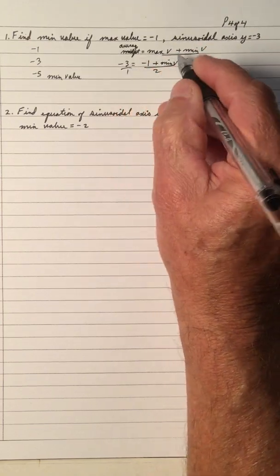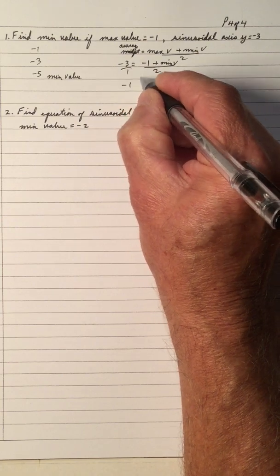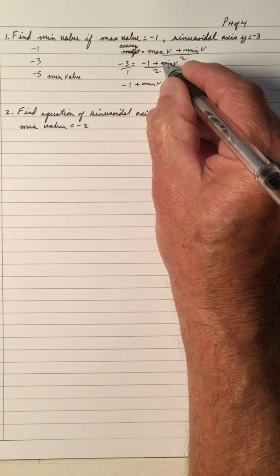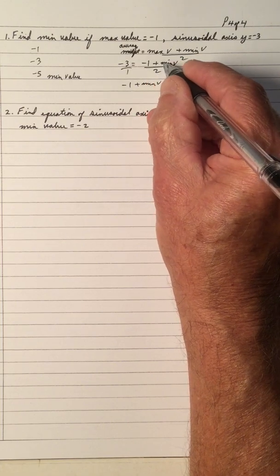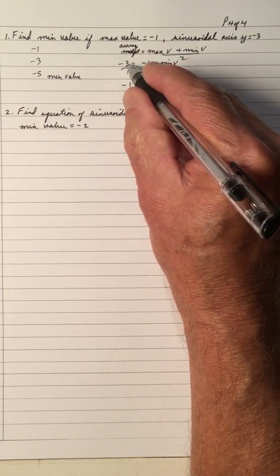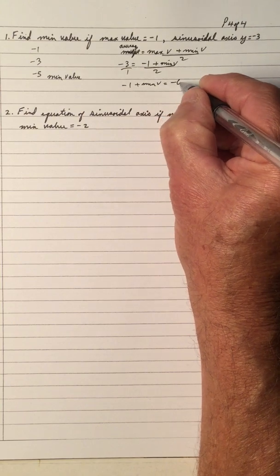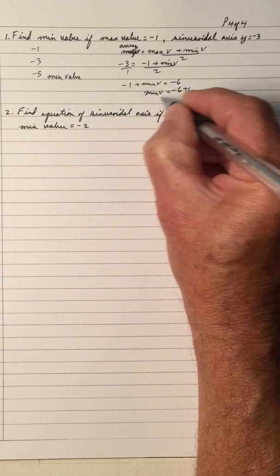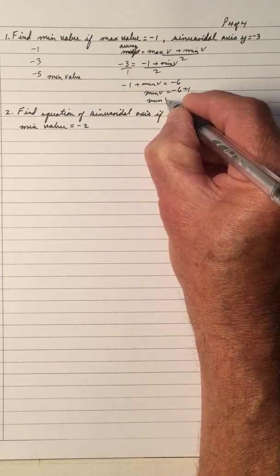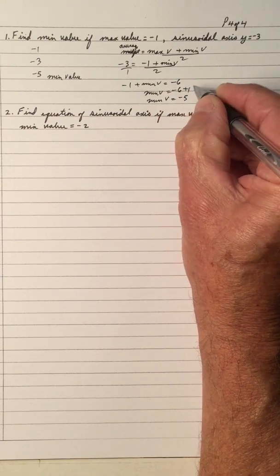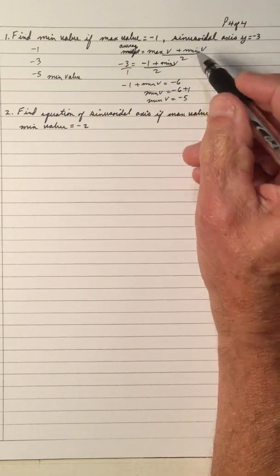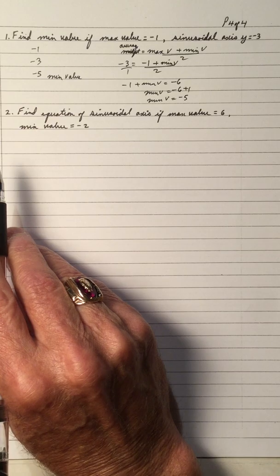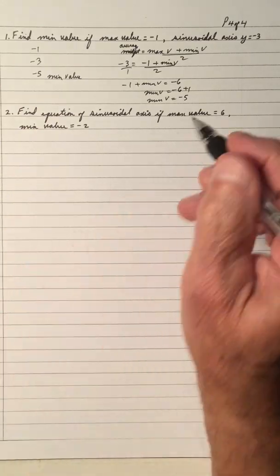So put it over 1, cross multiply. -1 plus the minimum equals -3 times 2, which is -6. So the minimum value is -6 plus 1. So the minimum value is -5. You go through all this work, but it's very quick to do this, because the sinusoidal axis is in the middle, the axis of symmetry.